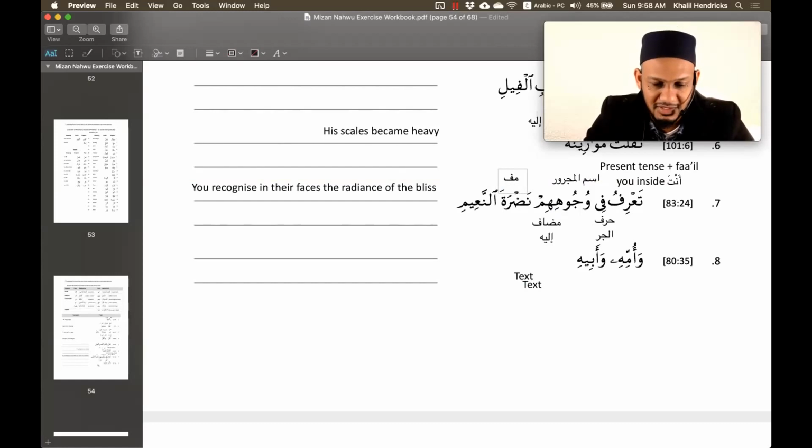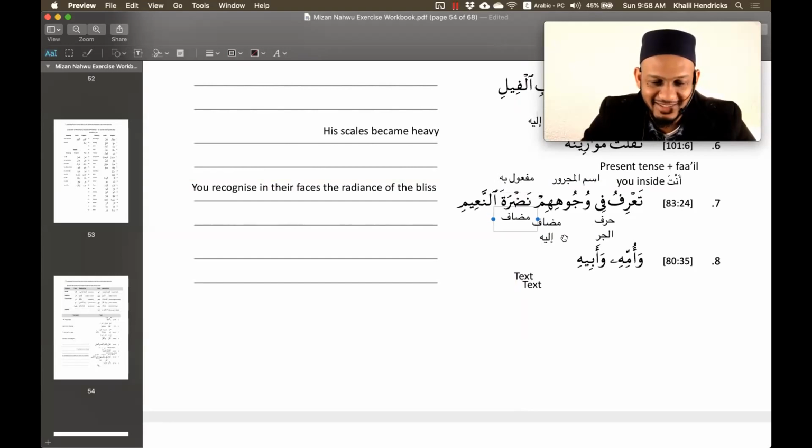That's a tricky one, but it's a maf'ul, because what do you recognize? You recognize nadra. So nadra is the maf'ul bihi. And you said it's also mudaf because it's light. You're actually right. Your confusion was right. So it is mudaf and maf'ul.